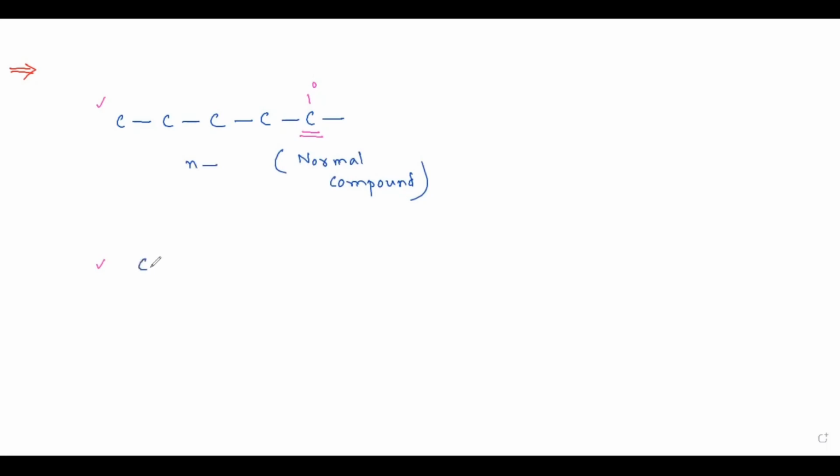Now look at this. If you have this type of an arrangement at one end, I mean a carbon attached to two other carbons this way, with no branching in between. These are all carbon atoms, but there are no branches.